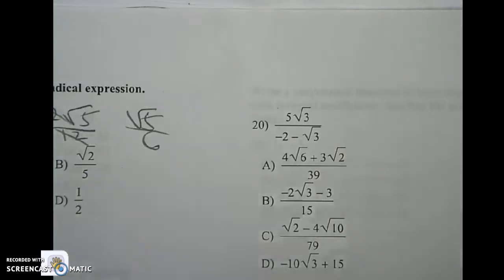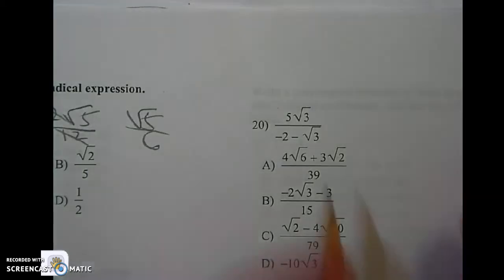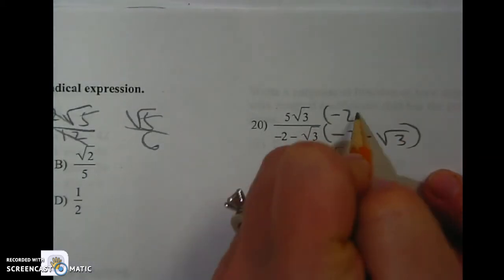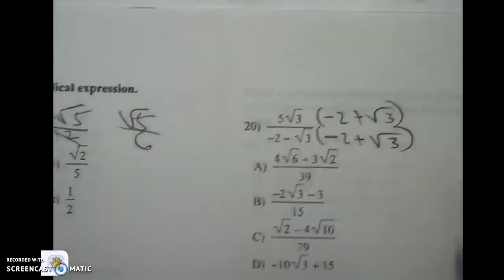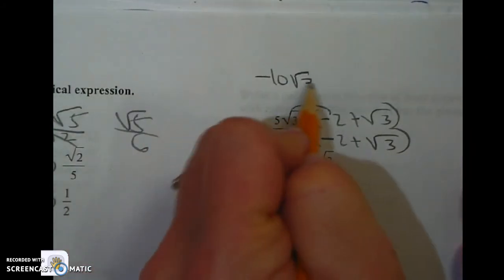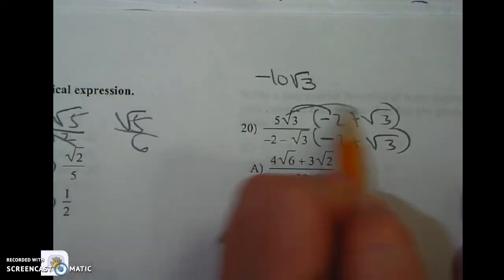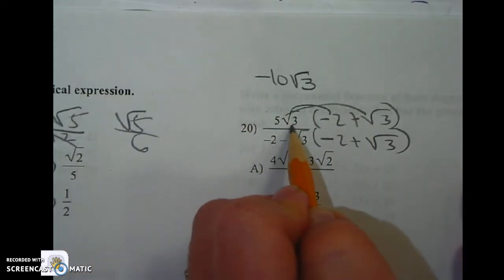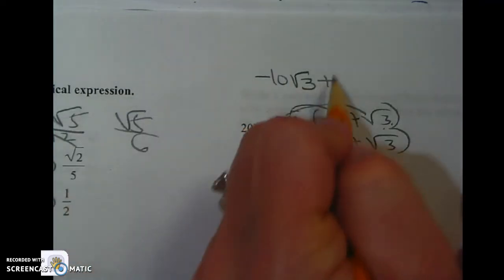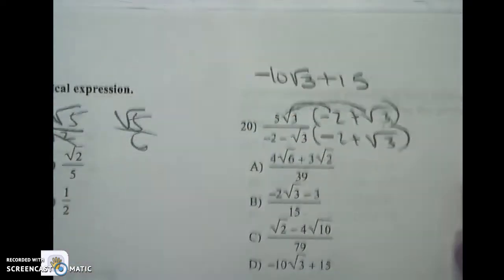All right, number 20 is similar to a problem on the second page where I have to multiply by the conjugate. Negative 2 plus rad 3, negative 2 plus rad 3. I'll start with the numerator. So I multiply the outside numbers, rad 3, and then I multiply this. Now rad 3 times rad 3 is 3, times 5 is 15. So my numerator is 15.